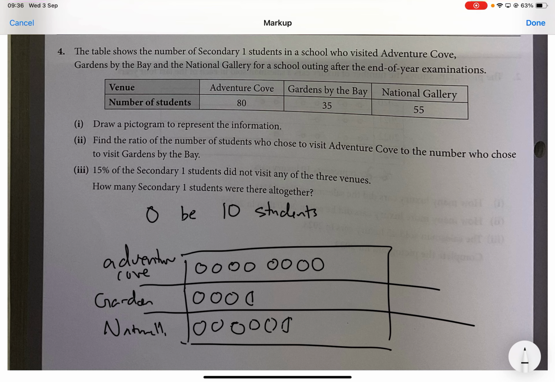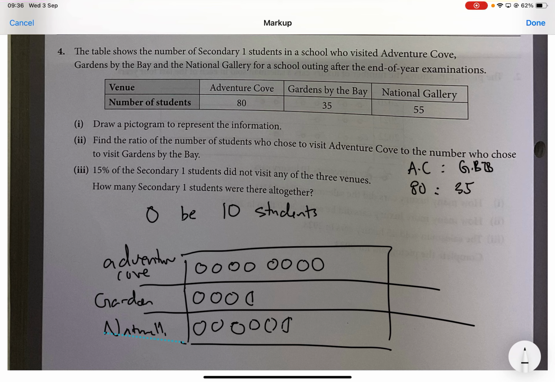Then your ratios will come in, your percentage will come in, your fractions will come in. Ratio of students who choose to visit Adventure Cove to the number who choose Garden by the Bay. So, Adventure Cove to Garden by the Bay is 80 to 35.